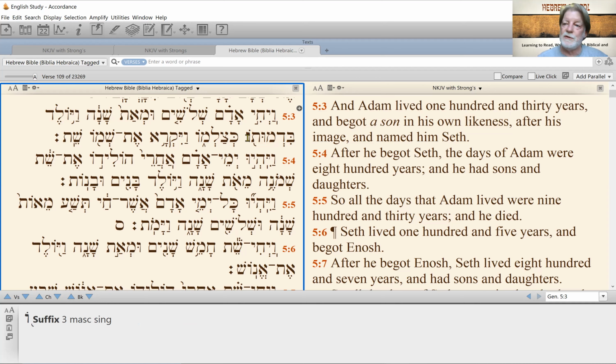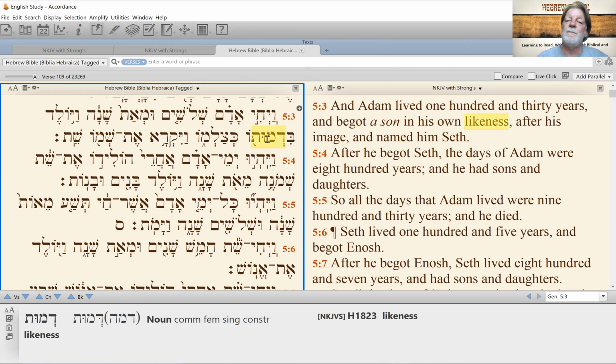But again, just like in these other examples, we drop off the Aleph, Tav, and we add the Holam Vav, the surviving remnant of Oto, onto the end of this. So Adam gave birth to a son in d'muto, in his image, Adam's image.